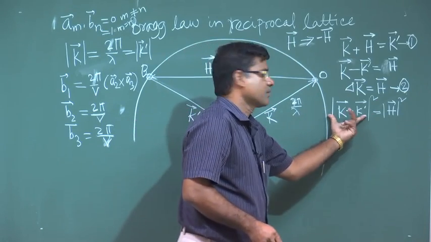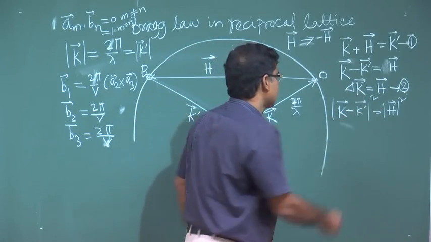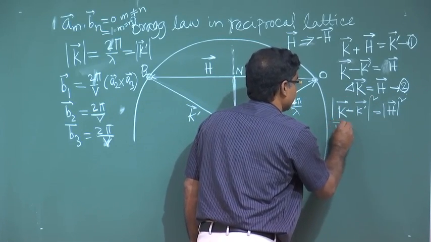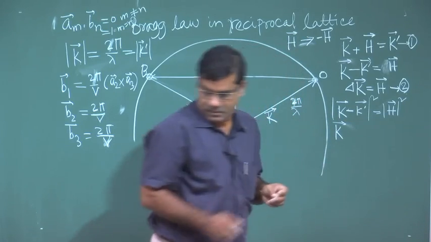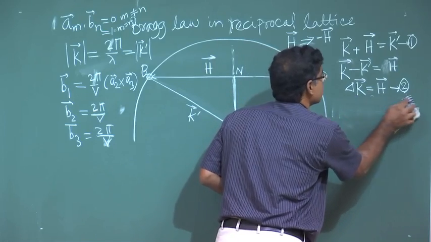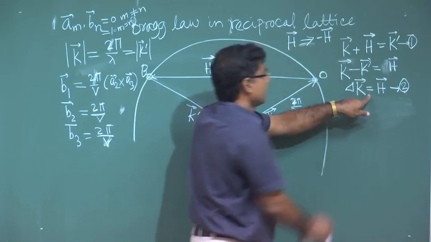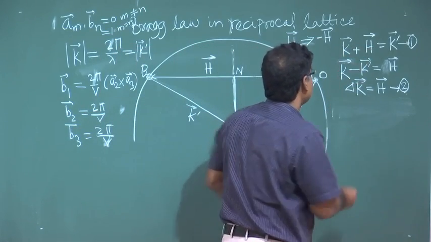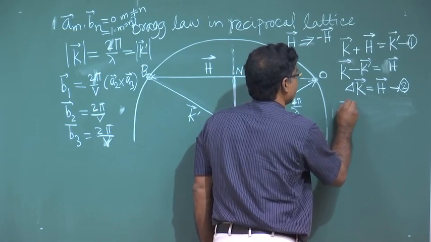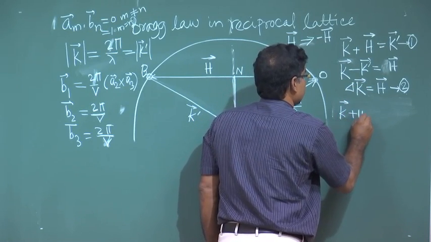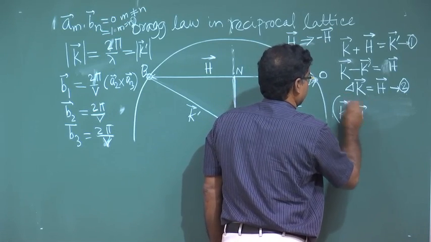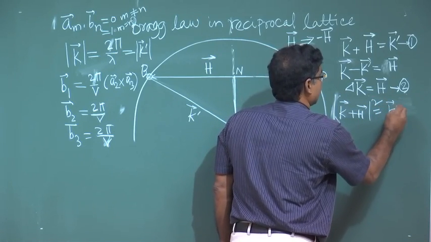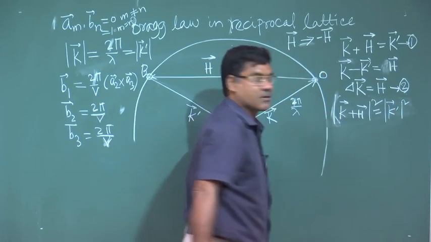So basically, if you take the dot product of these two, you will get the square of the magnitude. So from here I can get this, and in another form, from here we can get another form. So this basically I can write k plus H, magnitude square, equal to K dash magnitude square.